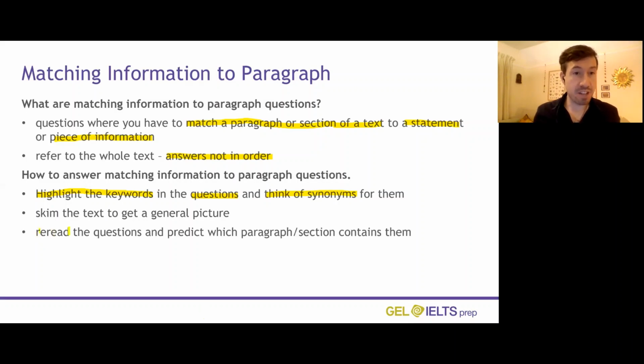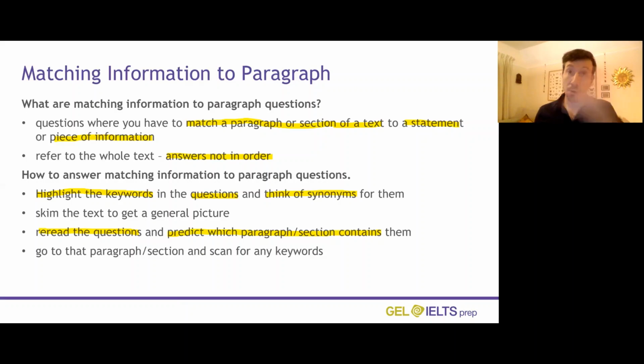Then you reread the questions again. So you look back at the questions and try to guess which paragraph this section is contained in, okay? So you'll look back at the questions, you go, ah, yeah, okay, I think this one is in paragraph E. I think this one is probably in paragraph F, okay? So after that, you go to that paragraph or section and scan for the keywords.